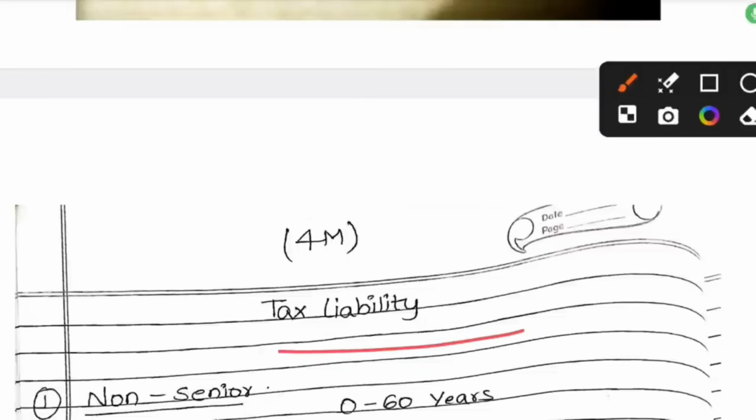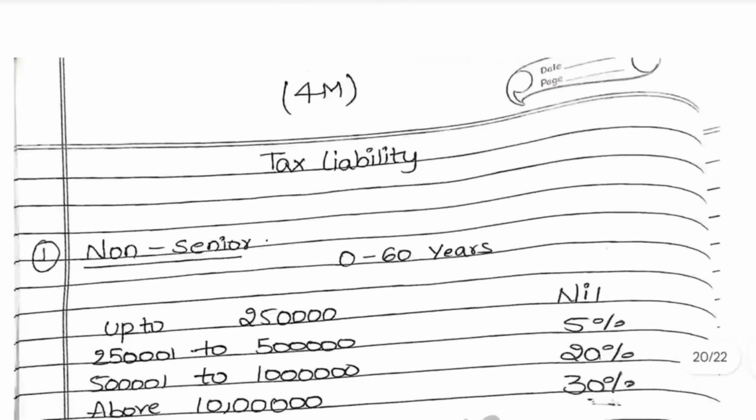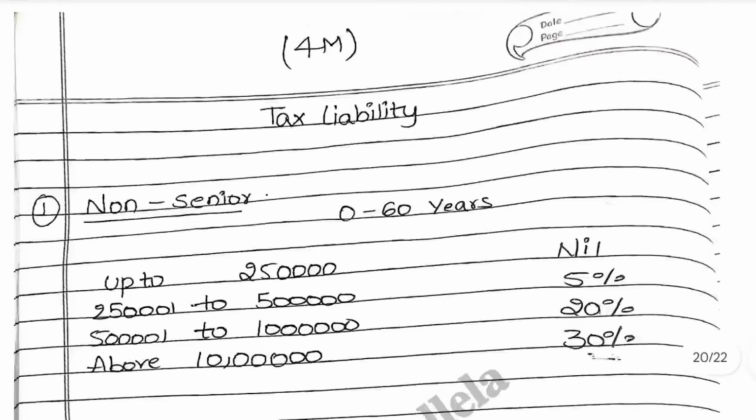Tax liability. In this tax liability, what you are having? There are three types of citizens. One is non-senior. Non-senior means below 60 years, 0 to 60 years we will say as a non-senior. For non-senior up to 2,50,000 it is exempted.